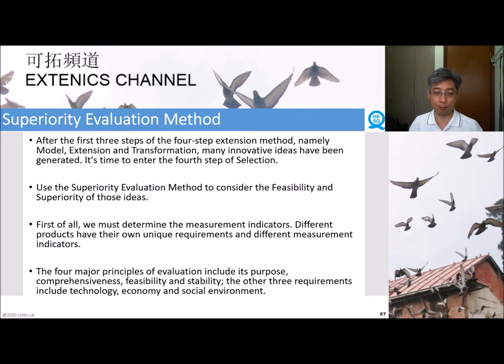There are four major principles of that evaluation: purpose, comprehensiveness, feasibility, and stability. Another three requirements include technology, economic, and social environment. When we set the measuring indicators, we need to consider the four principles and three requirements.